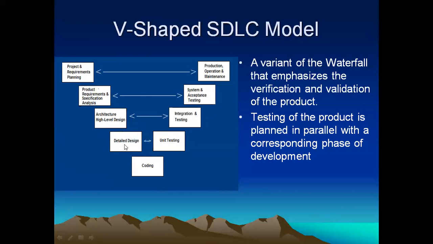Once the application is developed, in the coding cycle we'll start implementing everything. We have already done 50% of the work. Once the code is completed, we'll do unit testing, integration testing, the actual testing, then acceptance or UAT testing, and then maintenance.